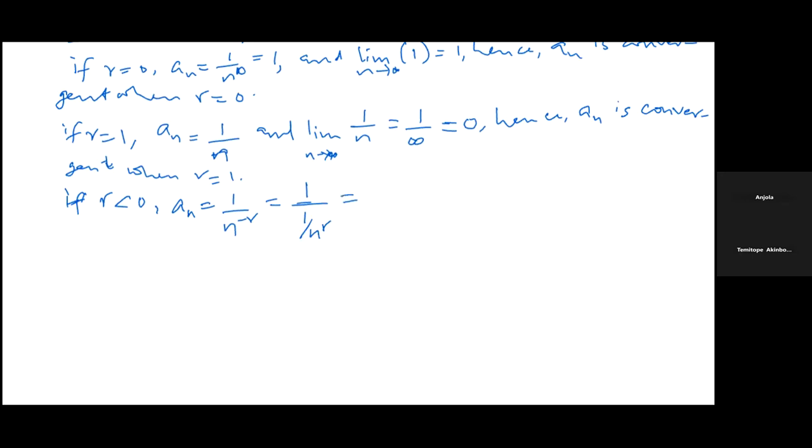So the limit of n raised to power r as n tends to infinity equals infinity.